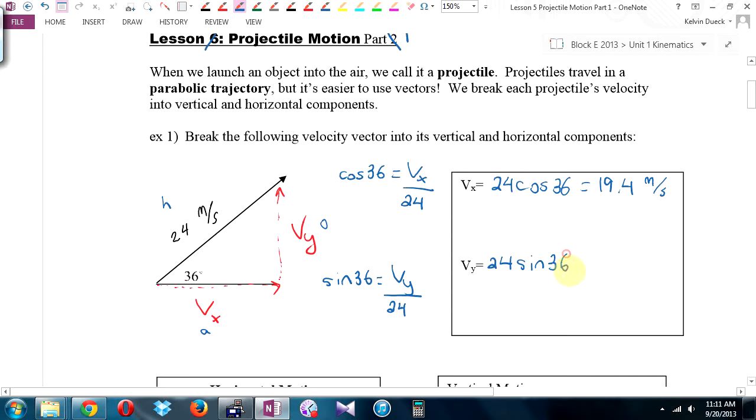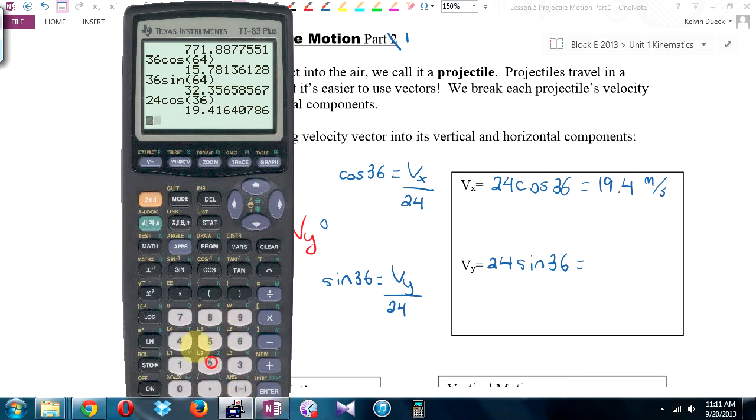The 24 reappears and the 36 reappears. If you have a good calculator, you can probably just go second function, enter, or backspace, and simply back edit and change the cos to a sine and hit equals.